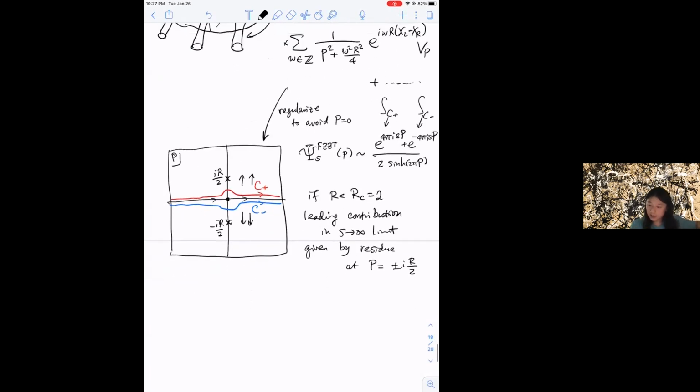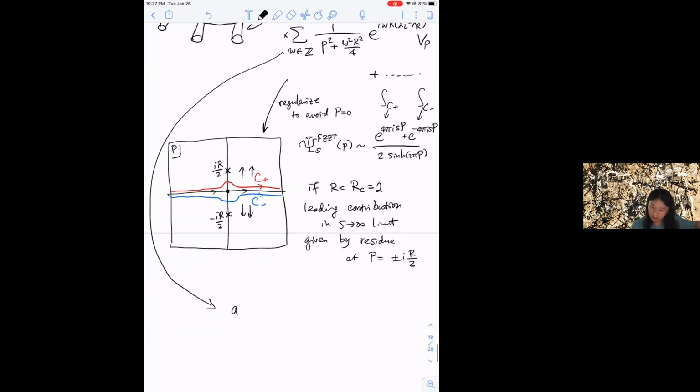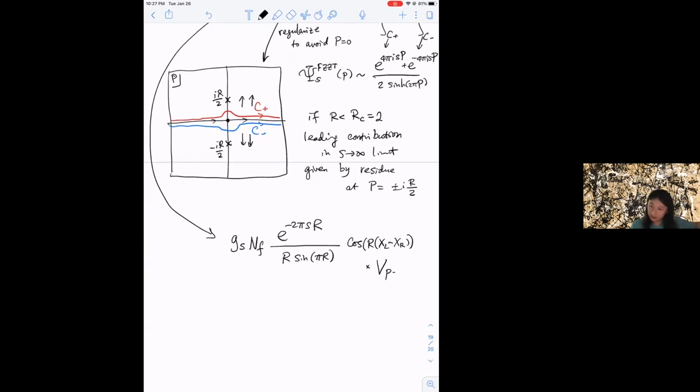And if you look at what that gives you from this operator here, it gives you G string times N F e to the minus 2 pi S R over R sine of pi R times the winding operator cosine of R times x minus x right times V. But now it's a V_P analytically continued, right? Because we're deforming the contour, we pick out the residue at imaginary P. So this P is equal to i R over 2.